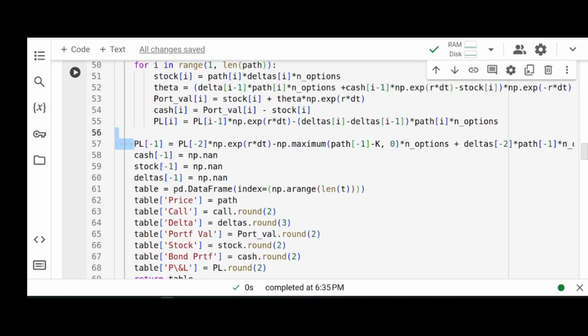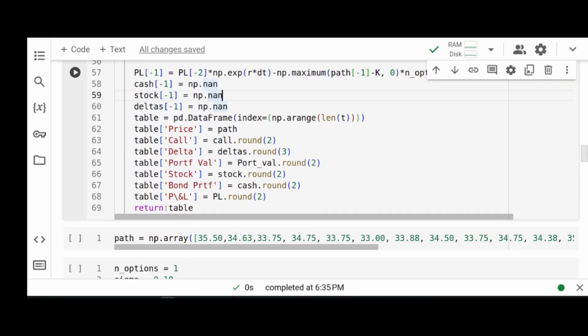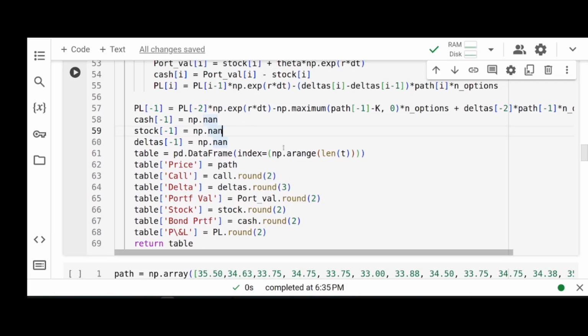So then, just to create a data frame, a table, which I will demonstrate just now. We create a data frame with index of time, then columns for price, that means the path, the call option, delta, portfolio value, the value of the stock, the bond portfolio, that means the cash, and the P&L.